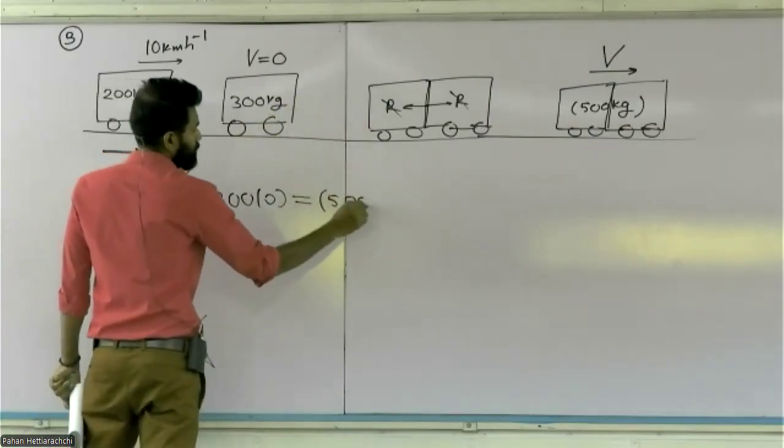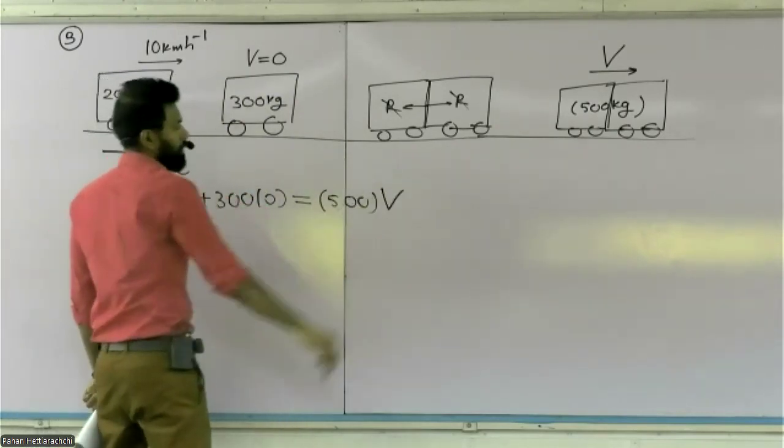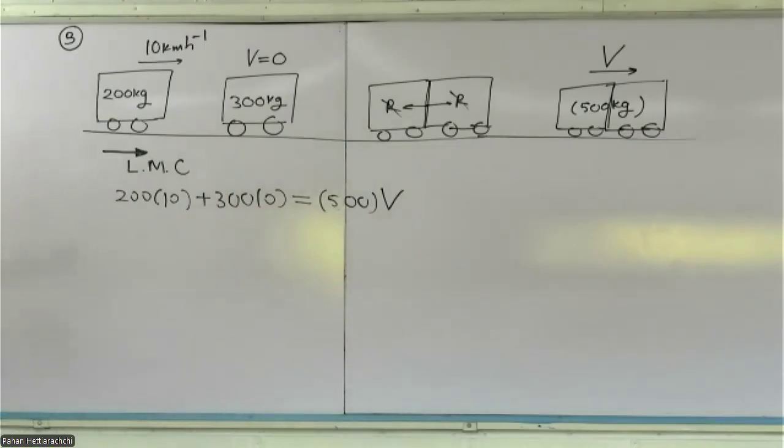So the mass is 500. The mass together, 500 into V. Both of them are moving, keeping in touch with each other. So the complete mass is 500, common velocity is V. So the momentum is 500 V after the collision.